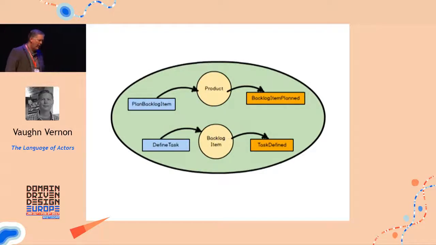Here's an example, and this example is taken from my books, but those books were talking about object-oriented. This is showing the same kind of use cases, but as expressed through actors, all right? So we have two actors here, and notice that I'm drawing actors as circles.